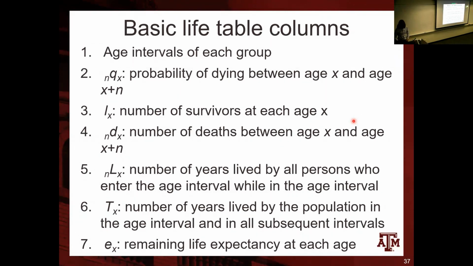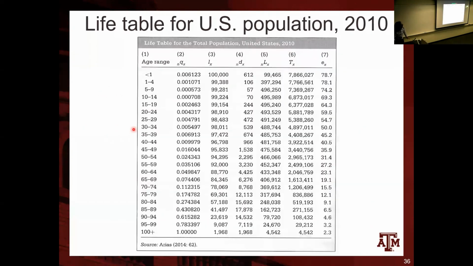The QXN is the probability of dying between age X and age X plus N. LX is the number of survivors at each age X, at the beginning of the interval of that age group. Why does this notation have QXN? That's the probability of dying between each one of these age groups.